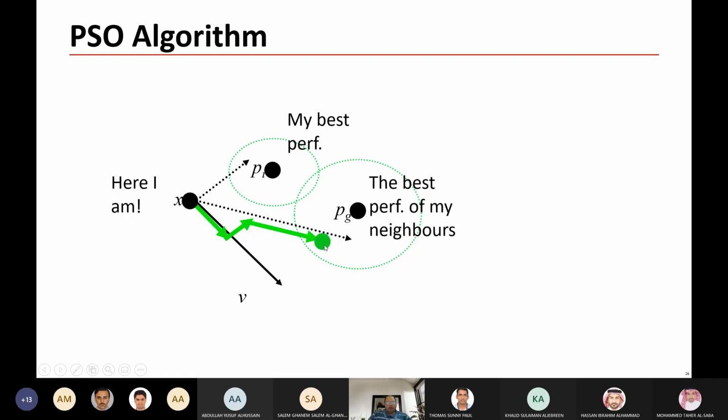So you have here the current position. So you add the previous position with the new velocity, and you end up with the new position here. This is the updated position.